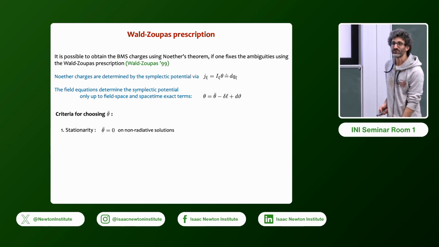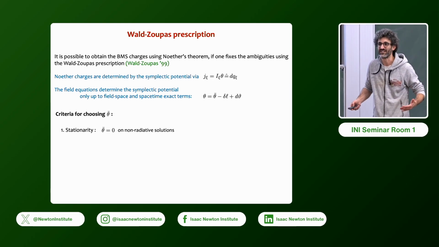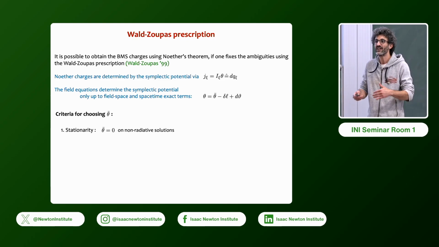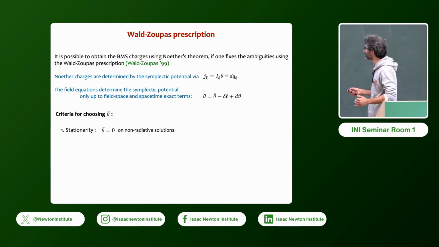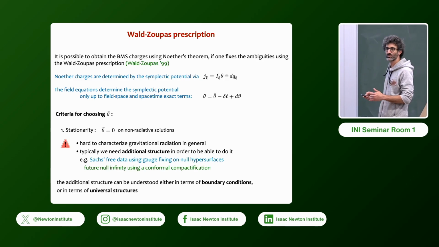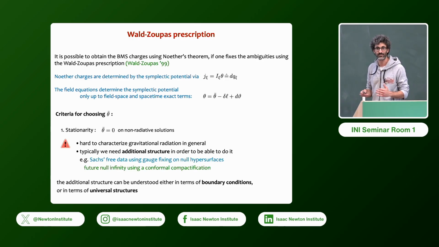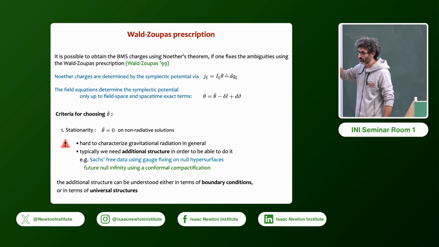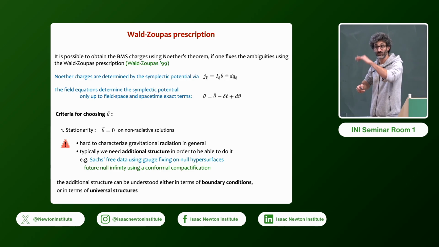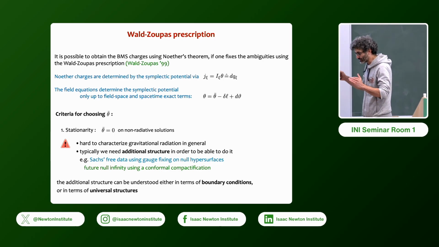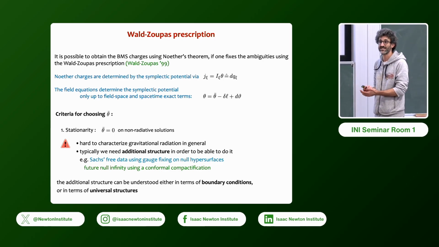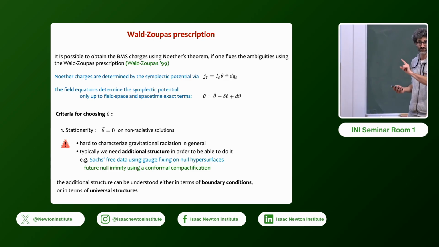The problem is, what do you mean by radiation even in GR? We don't have a characterization of radiative degrees of freedom locally everywhere in spacetime. So typically, in order to characterize gravitational radiation, you need some additional structures. For instance, at scri, you do this by giving yourself a conformal factor, a compactification, and a foliation of scri typically to introduce the shear. So you need lots of additional structures. Even if you think about Sachs constraint-free data, you will say, wait a second, I know what radiation means, I have Sachs constraint-free data.